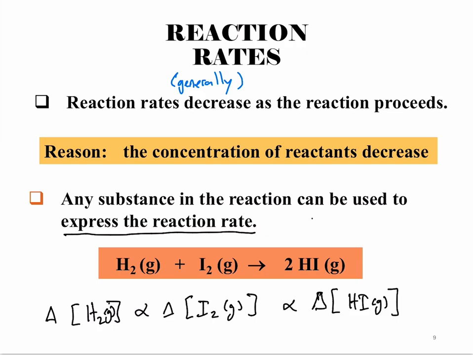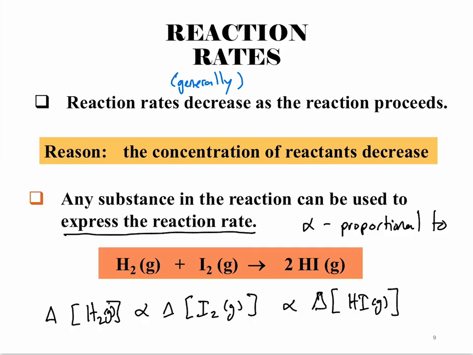This symbol right here just means proportional to, right? The rate of formation or depletion of each of these species won't be exactly the same, but they should be somehow related. Does anyone have an idea how they might be related if we're looking at a chemical equation?